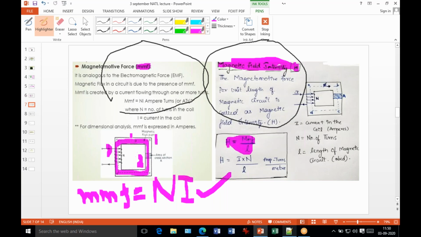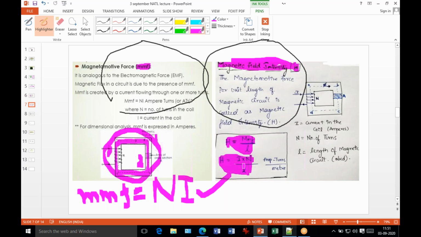This is a round shape, so you calculate the length of the magnetic circuit. Then you divide MMF by capital L. MMF you have already calculated: N multiplied by I, number of turns multiplied by current, divided by L. This is known as the magnetic field intensity.